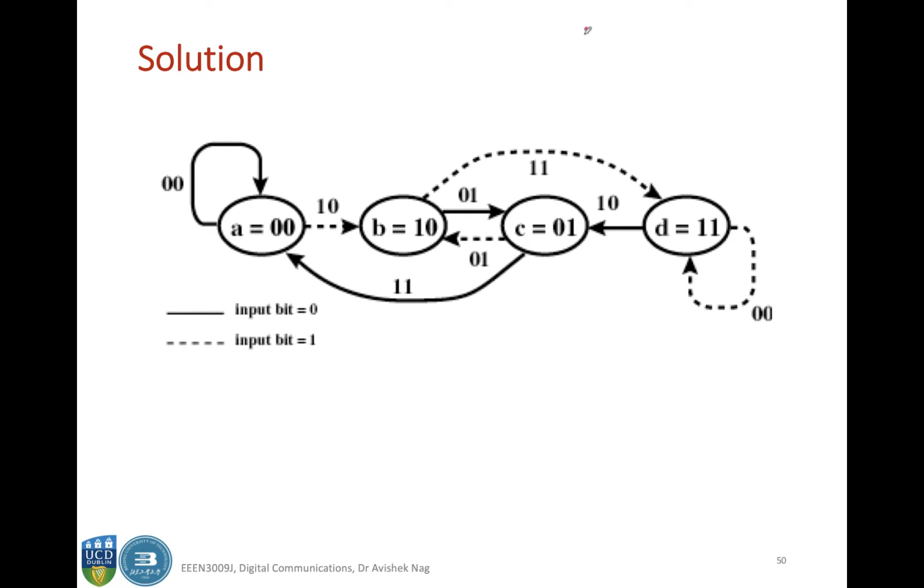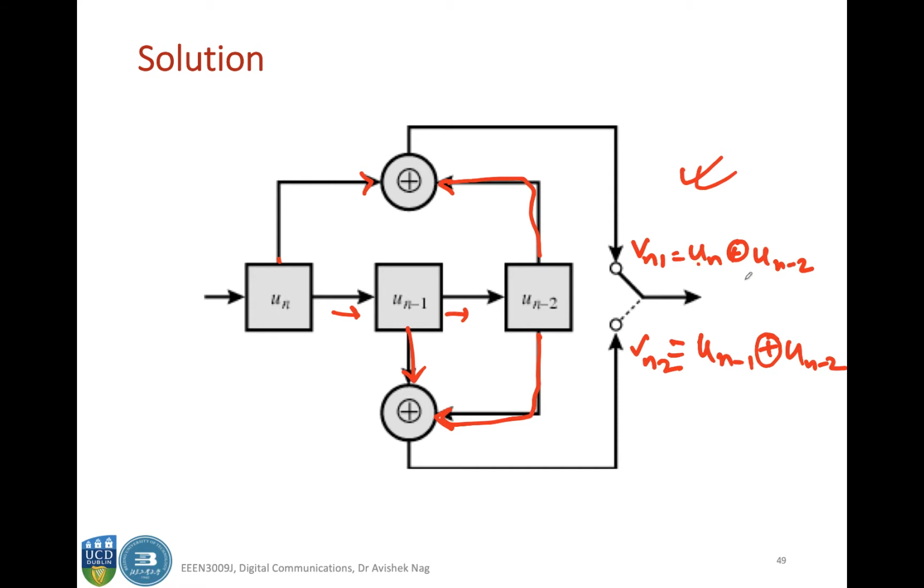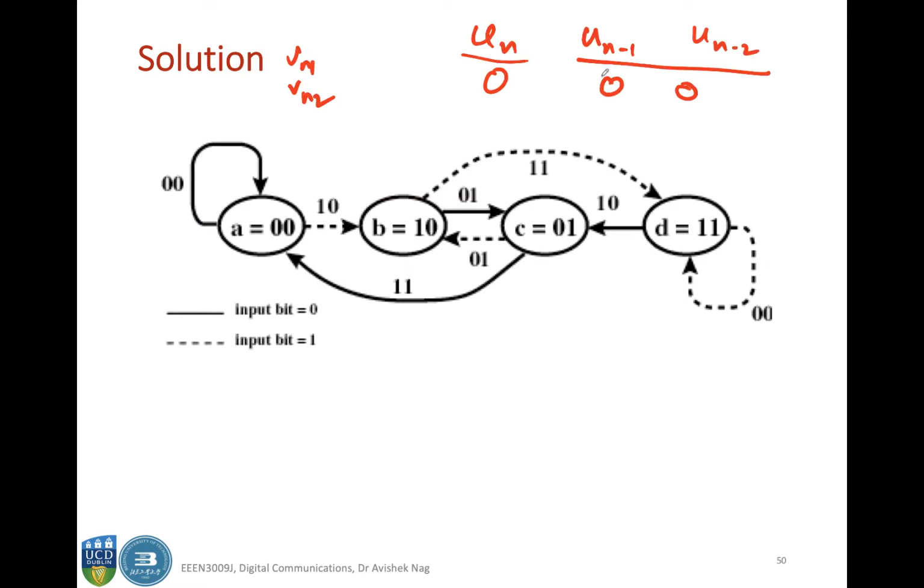So just consider un minus 1 and un minus 2 as your state. So 0 0 is the initial state, and then here is your un. If the input is 0, then just find out what your vn1 and vn2 will be according to the equations given there. vn1 is un plus un minus 2, so this will be 0, and vn2 is un minus 1 plus un minus 2, so this will be 0 again.